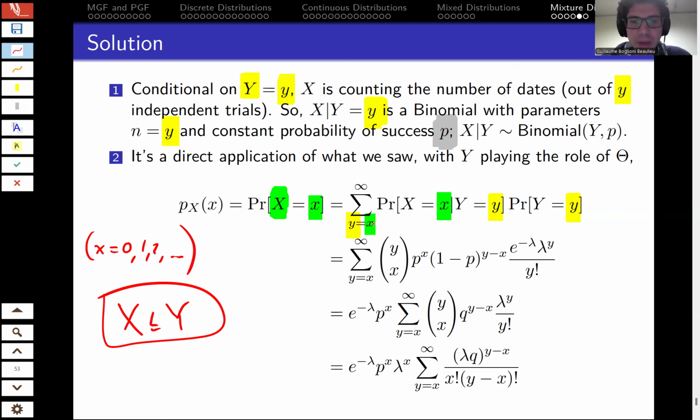Okay, but then the first y in the summation will be x, so that's fine. If she's very lucky, she's going to get little x dates out of the little x likes she got. Then the second term in the summation will be for y equals x plus 1. Obviously, that's also fine. If she got x plus 1 likes, she might get x dates out of it, and so on.